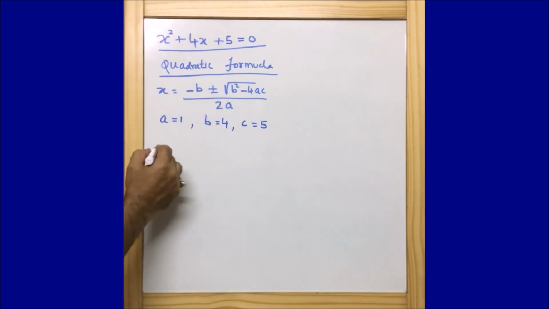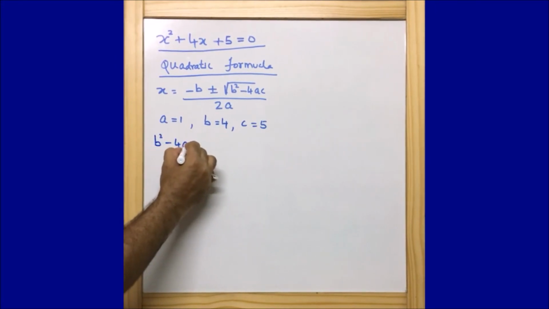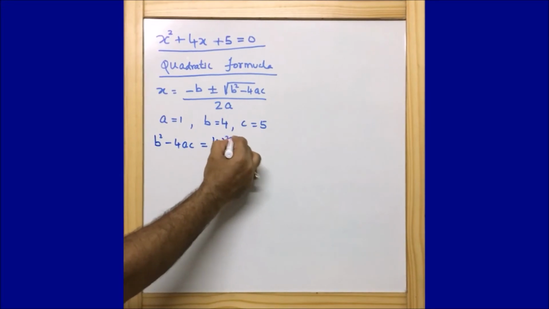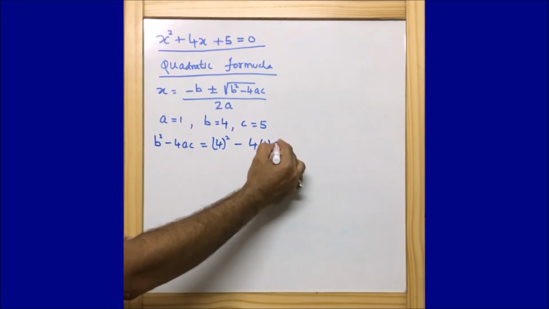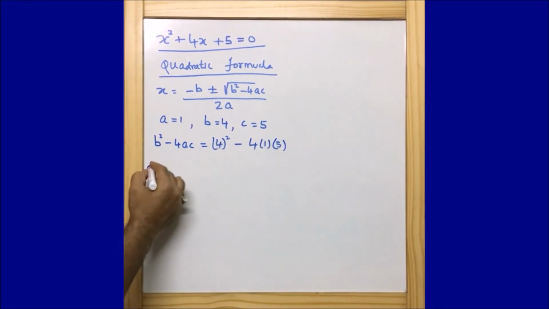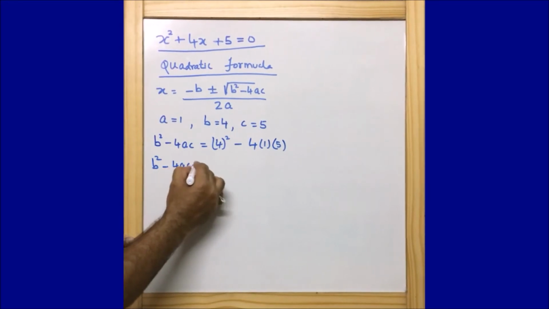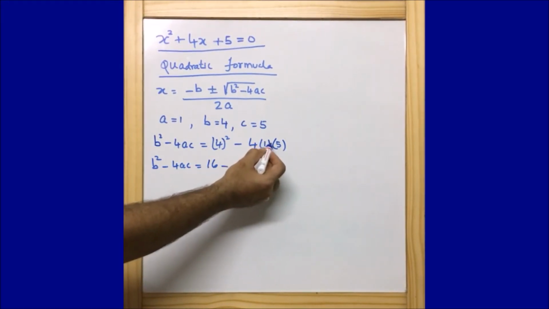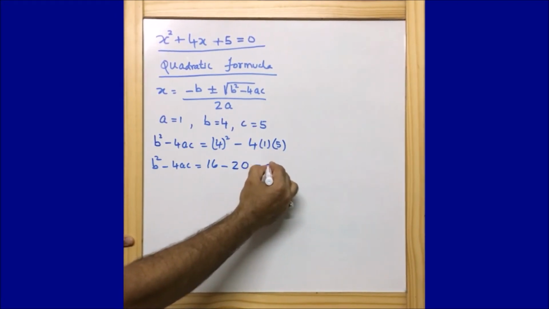Now let us first of all find what b² - 4ac is. So it is 4² - 4 × 1 × 5. Let us solve this. b² - 4ac = 16 - 4 ones are 4, 4 fives are 20, so we are getting -4.